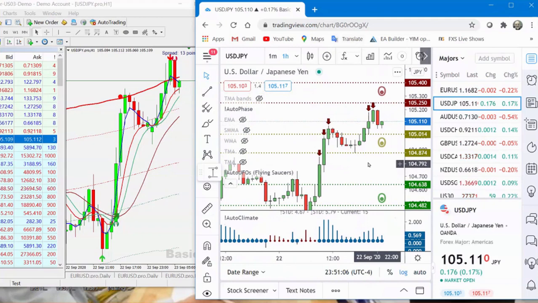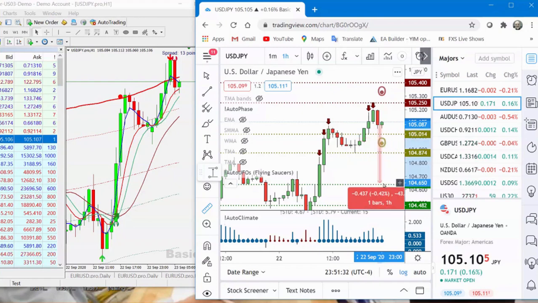All right, so now I've got a ruler here. If I go from here down to here, that's a very small move.